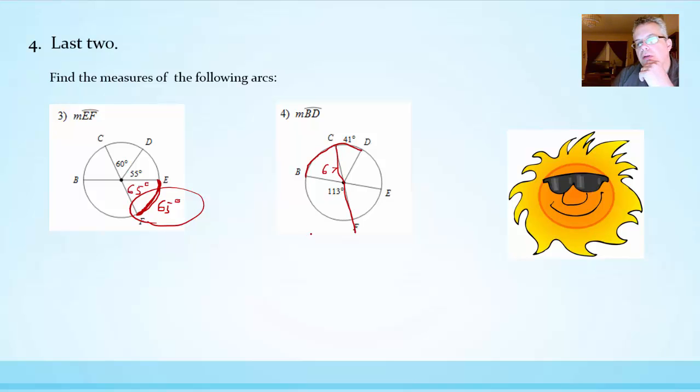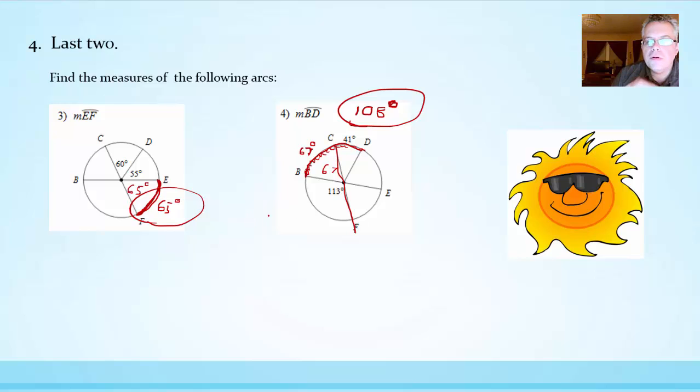This angle plus that angle add to 180. So since that's 67 degrees, this must be 67 degrees. And the arc I wanted right here is what you get when you add arc BC to CD. 67 plus 41 is 108. Got it, 108 degrees.